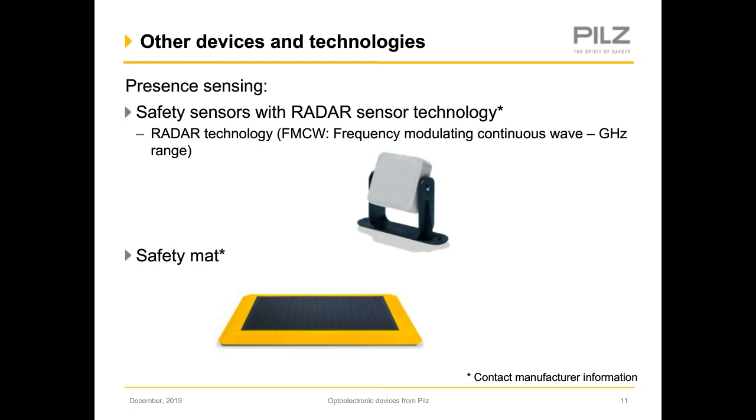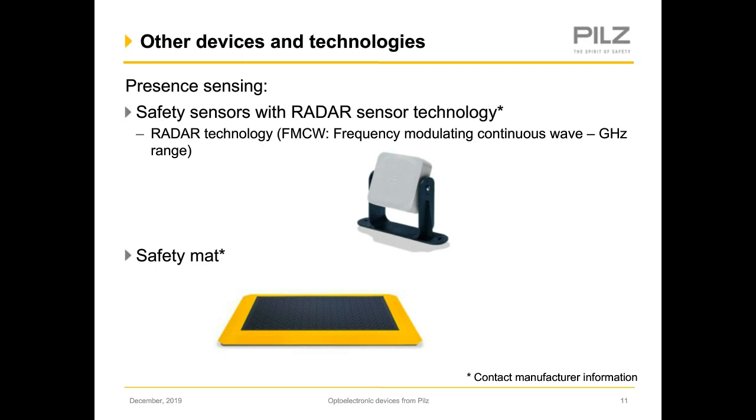On the market now there are safety sensors with radar sensor technology. So radar technology, FMCW, means frequency modulated continuous wave, so it's in the high gigahertz range, and yes, it can sense the human body. Also, we have available the safety mat as well.